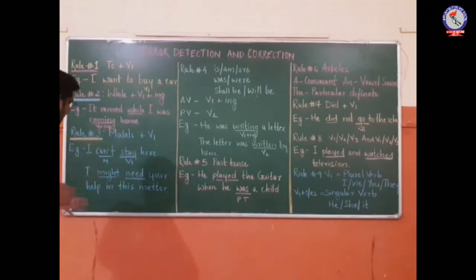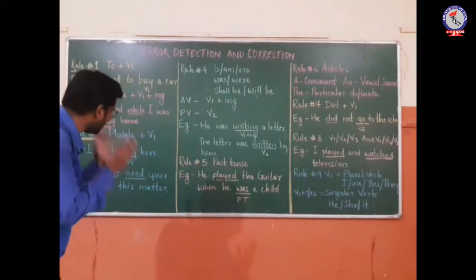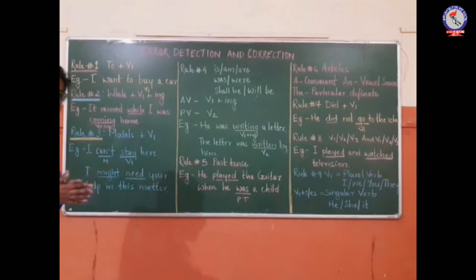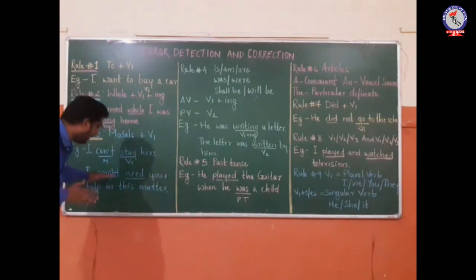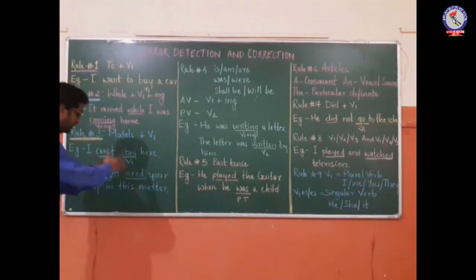Let's see another example. I might need your help in this matter. Now this is a sentence where we have used a modal, might. So according to the rule, with modal, first form of verb is used. So I might need your help in this matter.